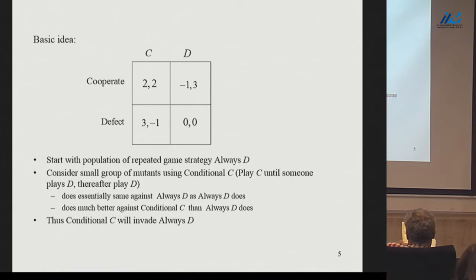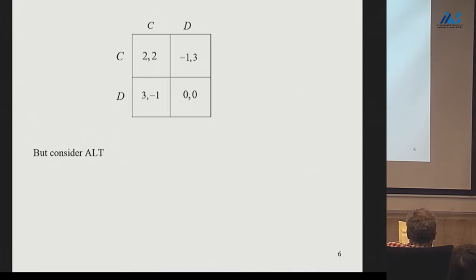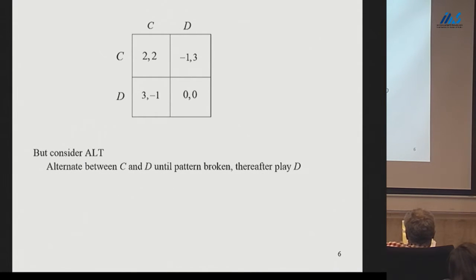and it looks quite encouraging so far, but there's a problem with it. And that problem can be illustrated by a somewhat more complicated strategy called alt. So alt is a strategy which is not so cooperative.